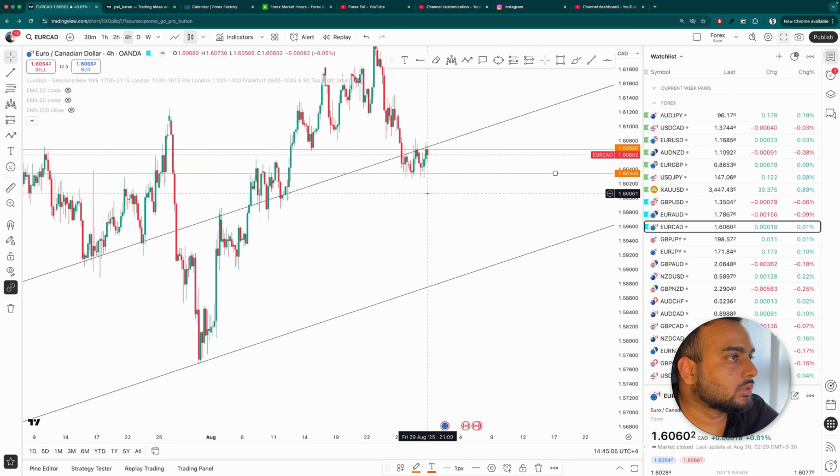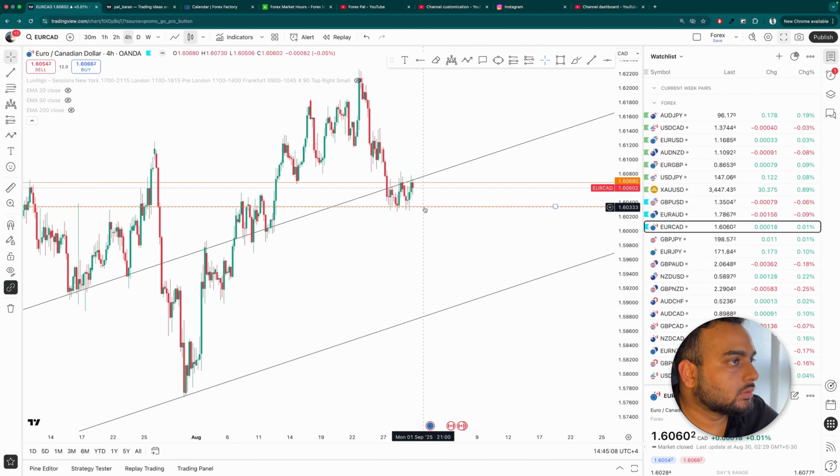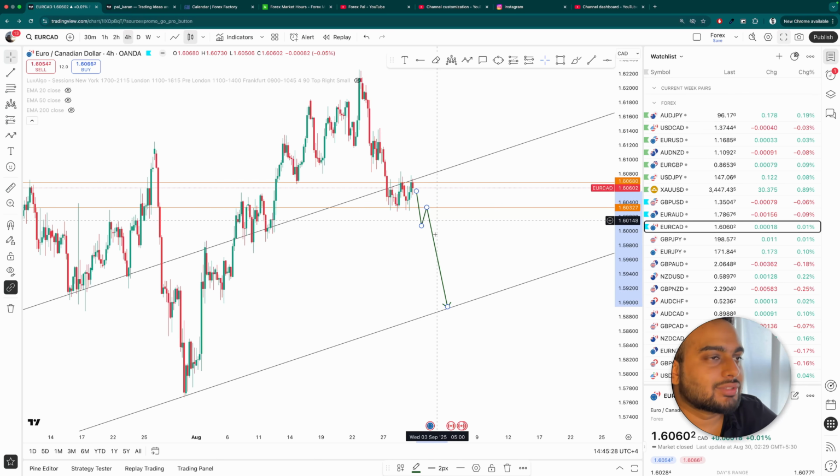So if the price does exactly something like this from here to retest and then down, I might take a sell, but I'm not sure. I'm not so much interested in this trade, but I can take a sell.